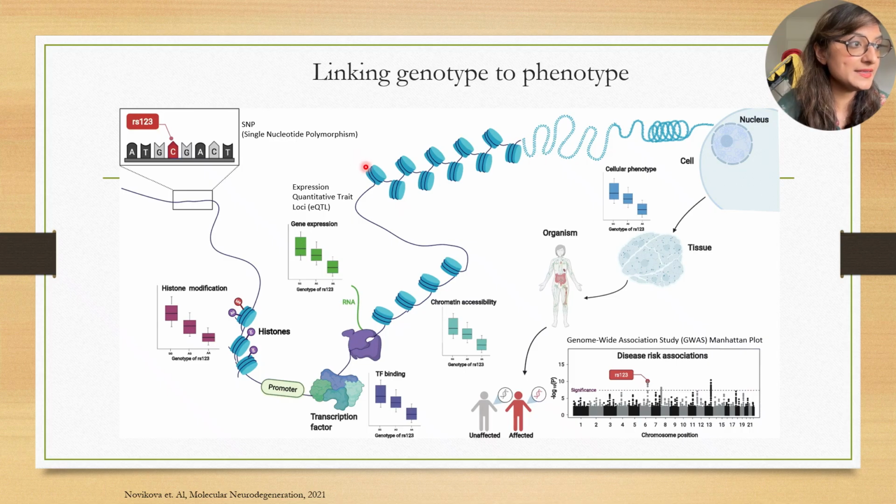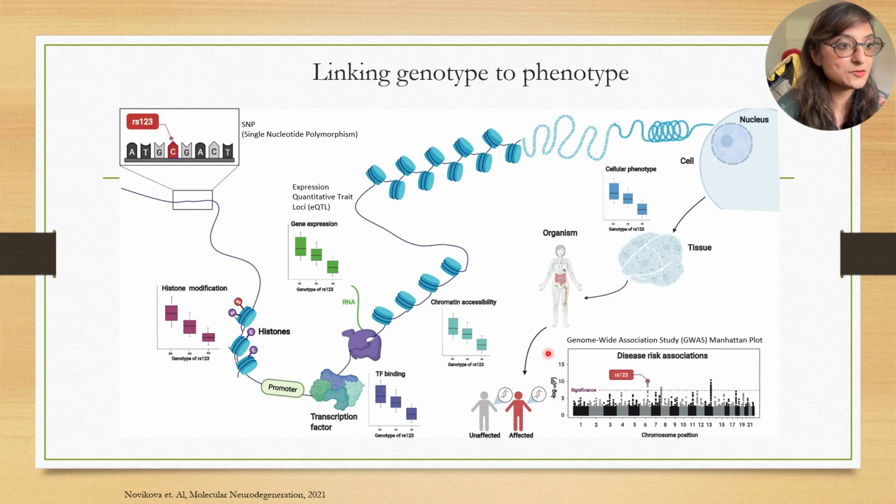If we're unwinding it, these are histone proteins, and we're looking inside the nucleus of a cell, and we're seeing the DNA across the chromosomes, and then we can see that this cell belongs to a certain tissue, in the human, for instance, and this SNP could be why an individual could be affected by a disease, for instance.